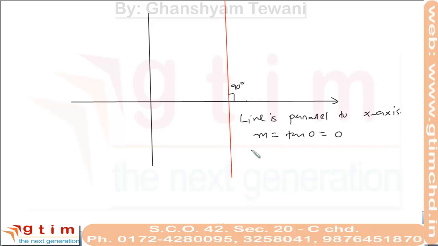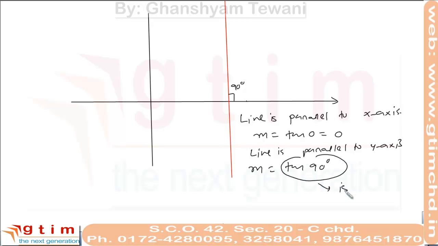Then for a line parallel to the y-axis, slope is equal to tan 90 degrees. Now we know that tan 90 degrees is not defined because cos 90 degrees is 0.